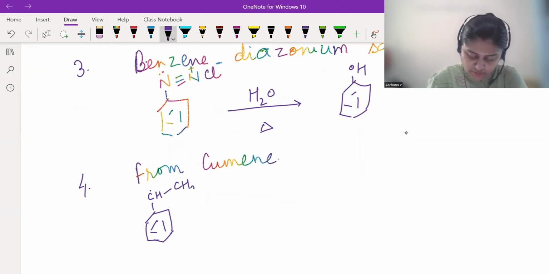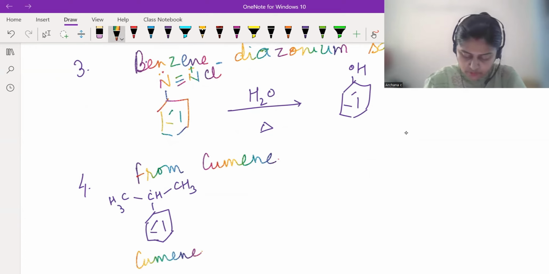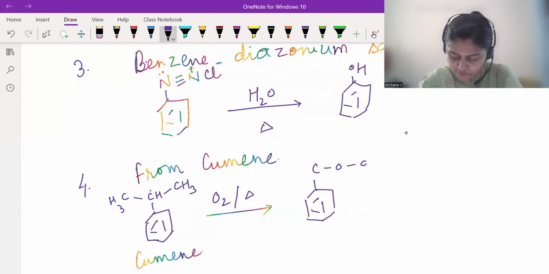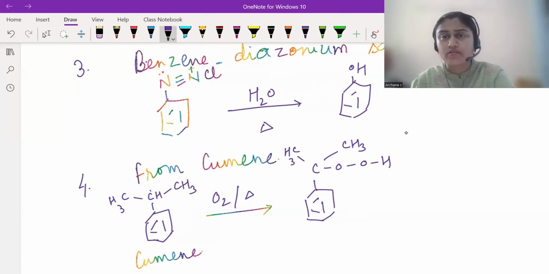CH. This is nothing but your isopropyl group attached to benzene. This is what is known as, the general name is cumene. So this on air oxidation will give you, so we can see the peroxide group is attached in this.